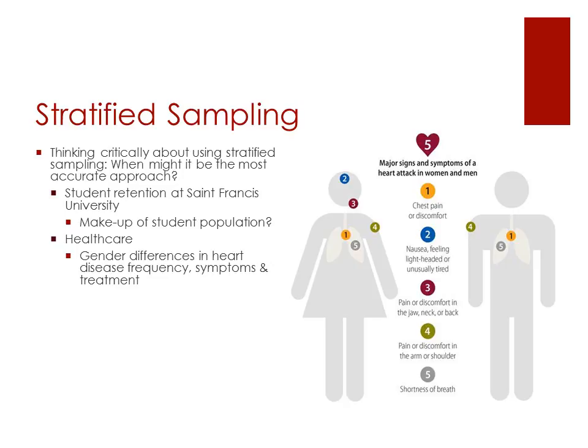So women currently are more likely to have a severe heart attack without previous diagnosis because their symptoms, such as nausea, feeling lightheaded or unusually tired, and pain and discomfort in the jaw, neck, and back, are usually dismissed by them and even sometimes by healthcare practitioners as not being indicative of a heart attack, so they do not follow up with treatment. So this is where stratified sampling can literally be an issue of life or death.